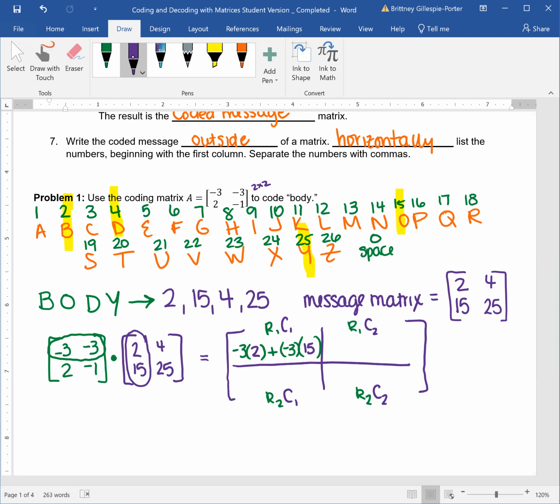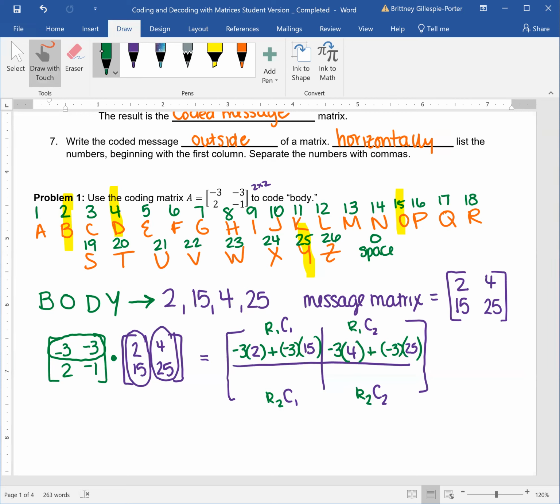Now that we've taken row 1 times column 1, we're going to take row 1 times column 2. So -3 times 4 plus, because it's always plus, -3 times 25. Now that we've multiplied the entire first row through the entire second matrix, we can move on to row 2.